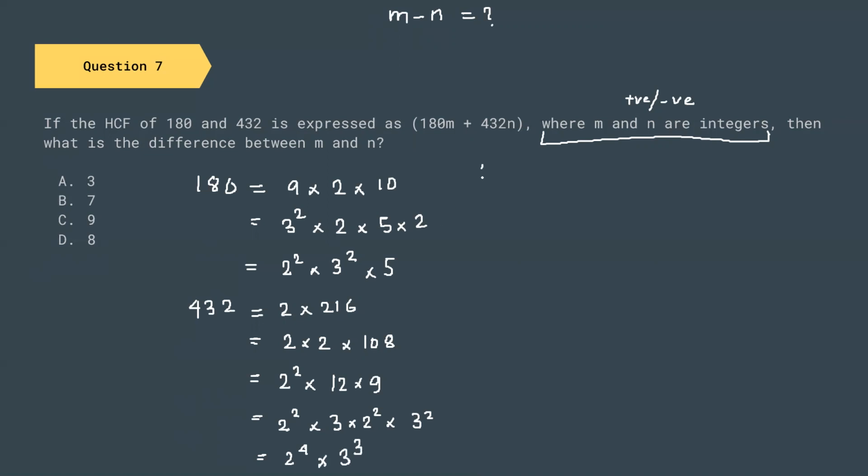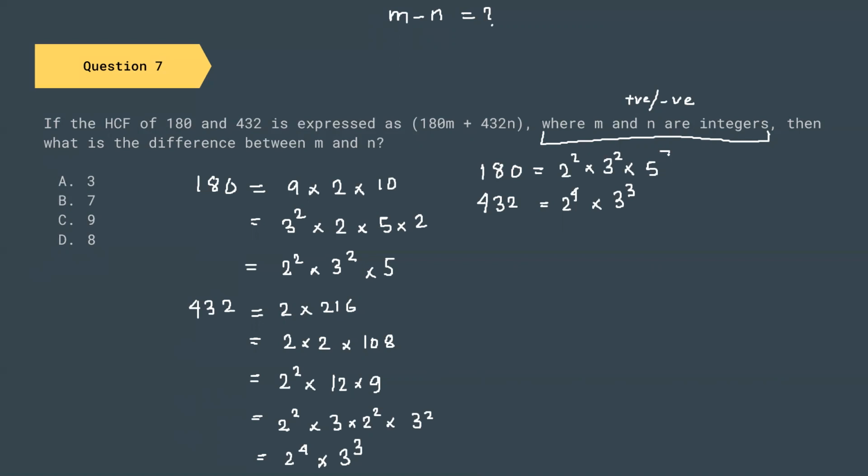So we have 180 that is expressed as 2 square into 3 square into 5, and we have 432 that is expressed as 2 to the power 4 into 3 cube. What is HCF?